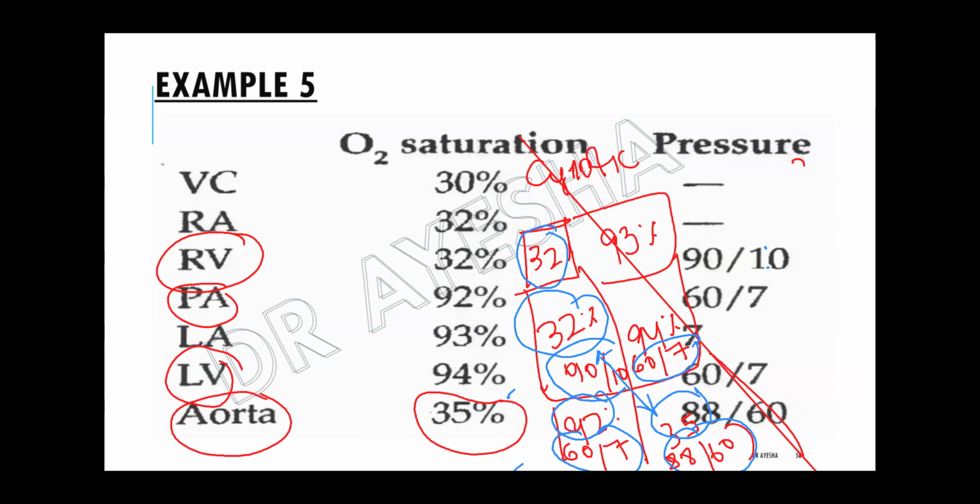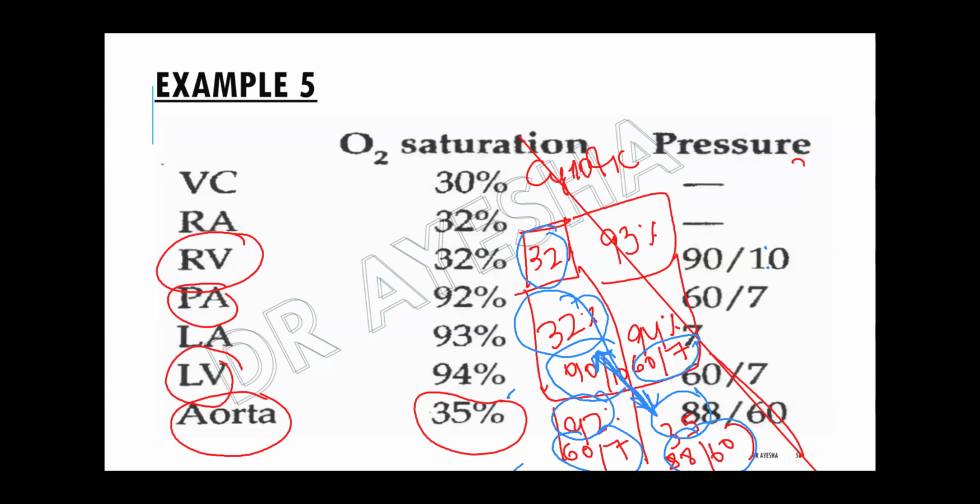Saturation: right ventricle 32, aorta 35. Right ventricle pressure 90 by 10, aorta pressure also around 80 by 60. So you can see these two compartments are almost the same. That means from the right ventricle, the aorta is arising.